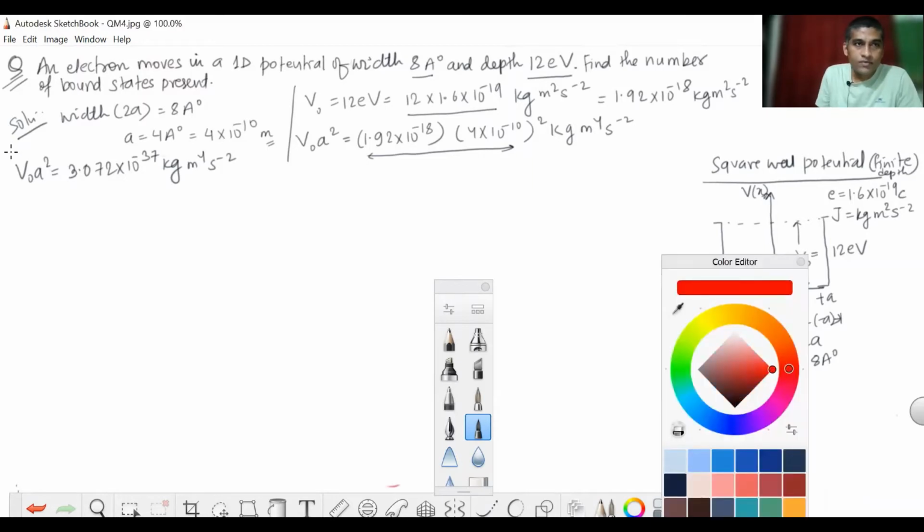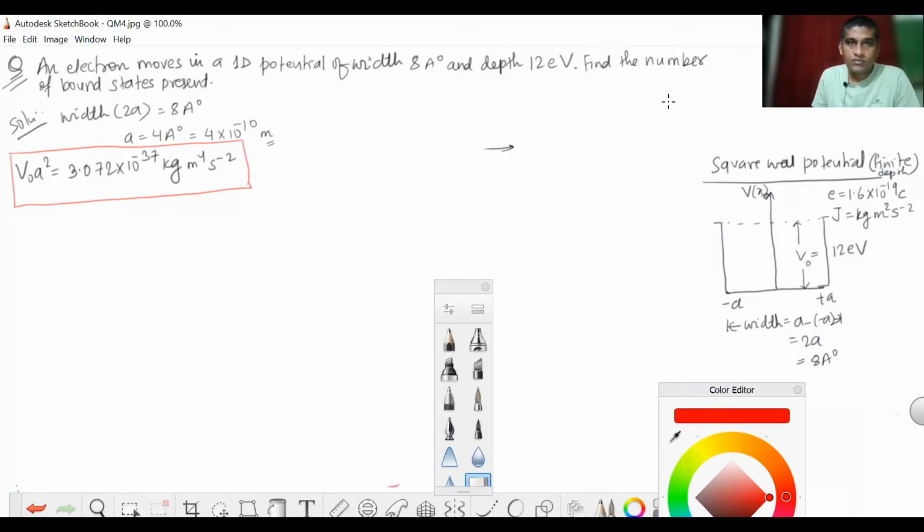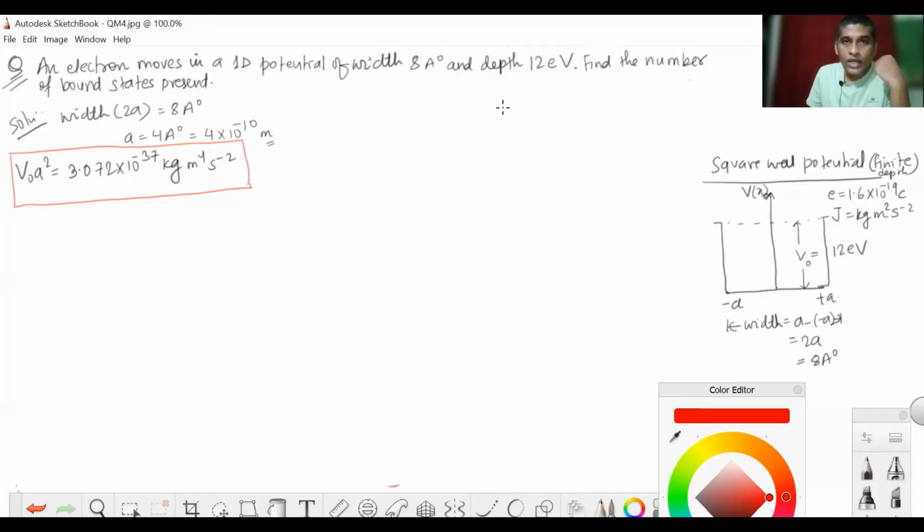Now, why are we finding this product V naught a square?